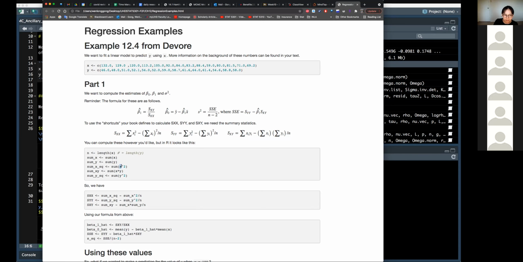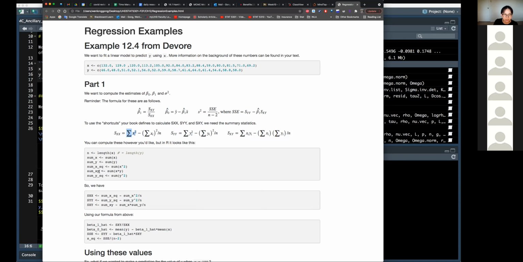And this is sum X square. You first take the square of X, so this will take the square of each individual element in your X, and then you sum them up. So this is the sum of X squared.